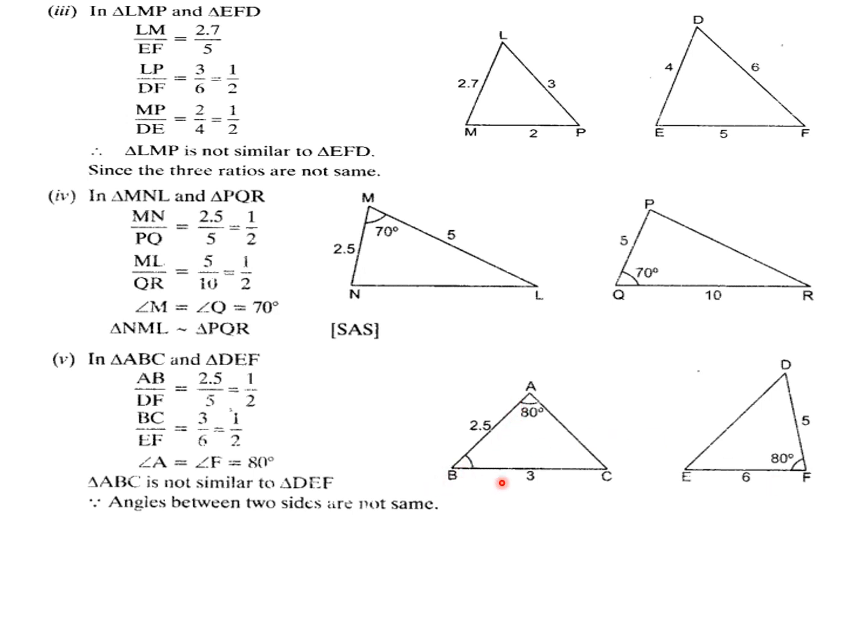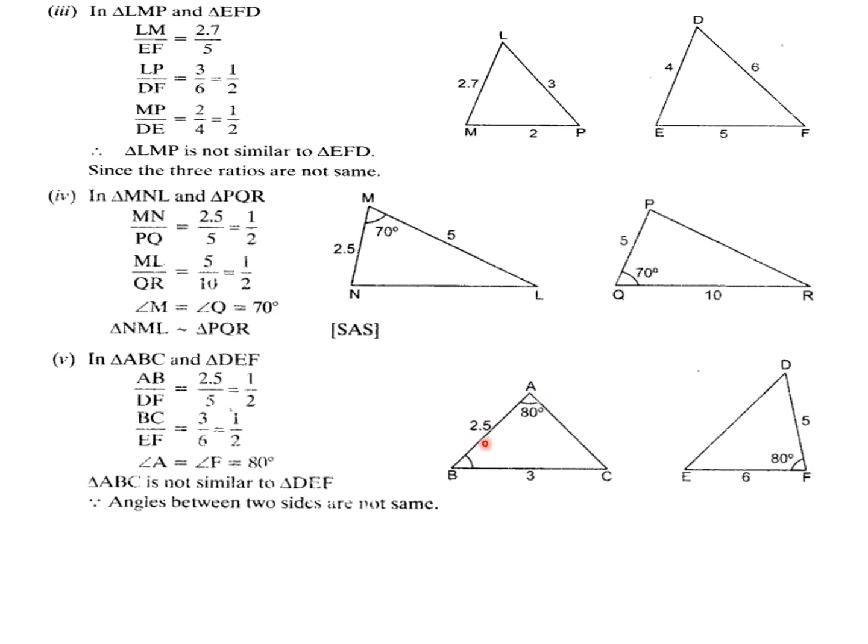But these are the two sides which are in proportion with the other triangle, and the angle between them should be equal. Here we can see that these two are given and the angle between them is 80. But in this triangle, this is not 80.